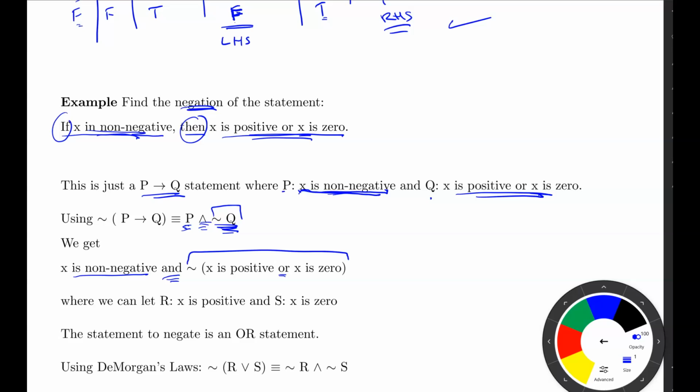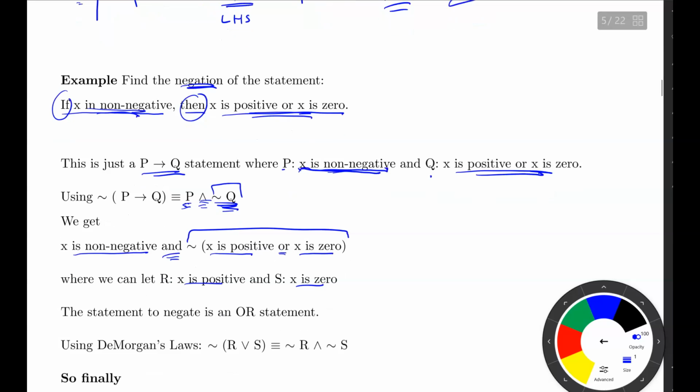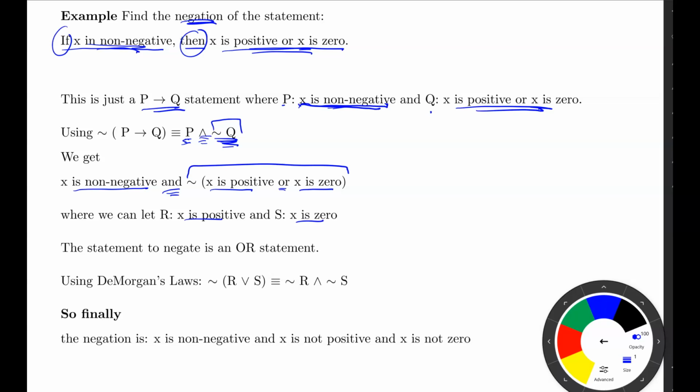Does that remind you of De Morgan's? It should. So that's why I made this an R and this an S. The negation of R or S is not R and not S. A little bit of everything in this problem. So the negation is: x is non-negative, and x is not positive and x is not 0.